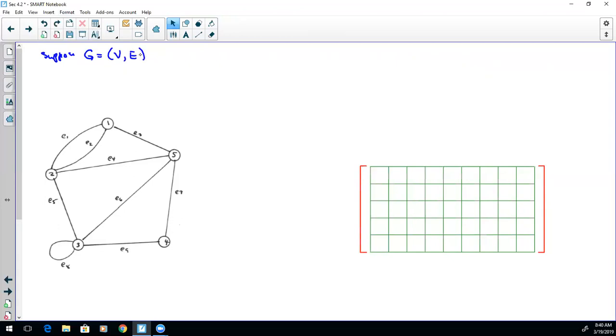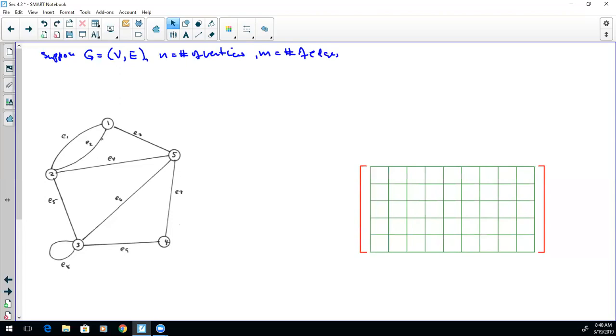It's not necessarily the picture, it's a set of points and pairs of points. Suppose G is a graph where N is the number of vertices and M equals the number of edges.